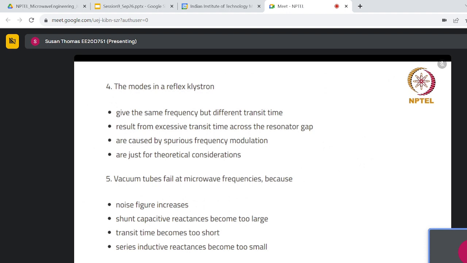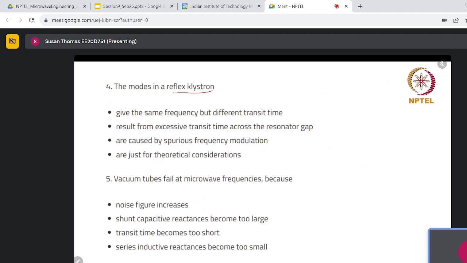Now comes a few questions. One question is on the reflex klystron. We have already discussed it. So this question is about the modes in a reflex klystron. Are the modes giving the same frequency but a different transit time? Is it resulting from excessive transit time across the resonator gap? Are they caused by spurious frequency modulation, or are they just for theoretical considerations?